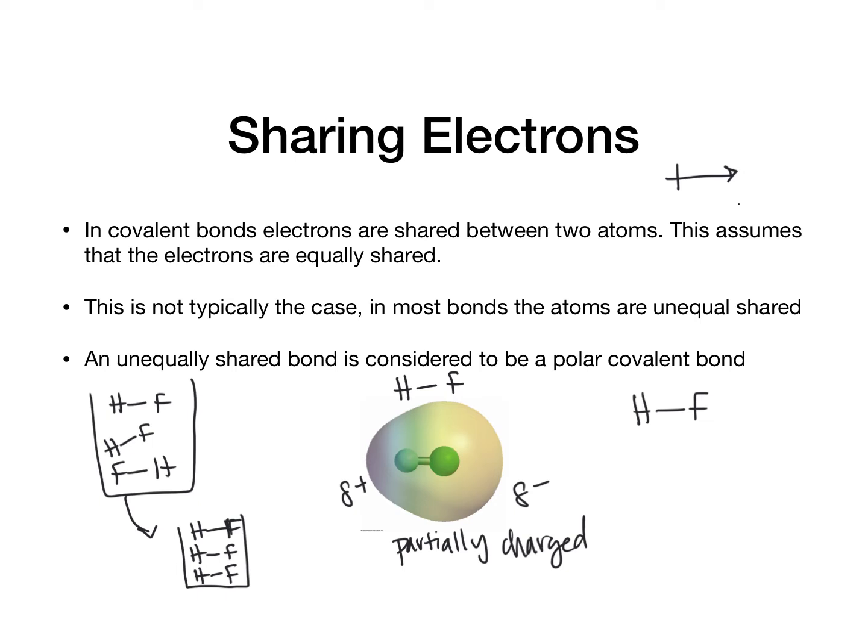So this points towards the negative. So the fluorine is more negatively charged because it has a higher electron affinity. So it is going to hoard the electrons. So we're going to draw it with a plus sign on the slightly positive end and the arrow towards the F. So this arrow points in the direction where the electrons are.